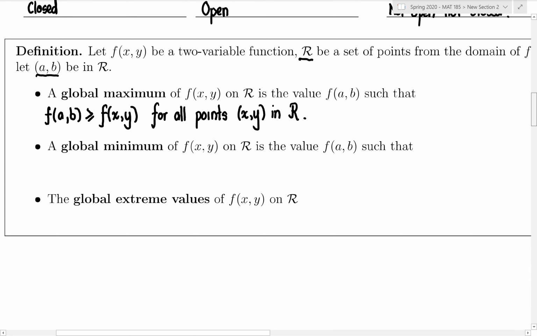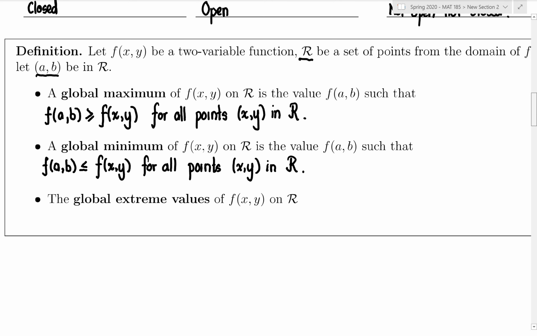Similarly, f of a, b is a global minimum if f of a, b is less than or equal to f of x, y for all points (x, y) in our region R. And finally, the global max and global minimum are called global extreme values.